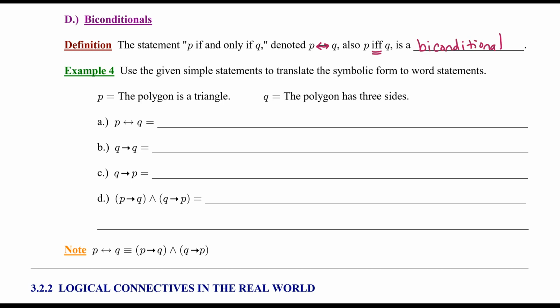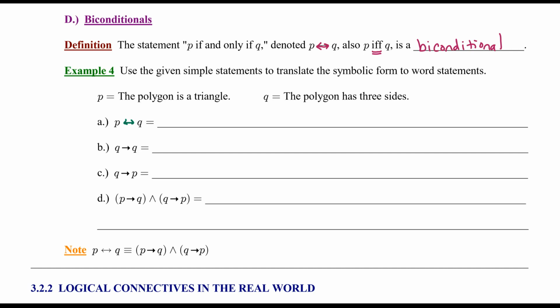Example 4. Use the given simple statements to translate the symbolic form to word statements. Let statement P represent the simple statement, the polygon is a triangle, and Q is the simple statement, the polygon has 3 sides. And we want to translate this biconditional. So unlike a conditional, which begins with the word if, a biconditional has the phrase if and only if in between its 2 simple statements.